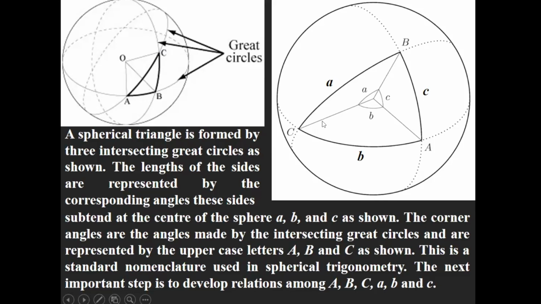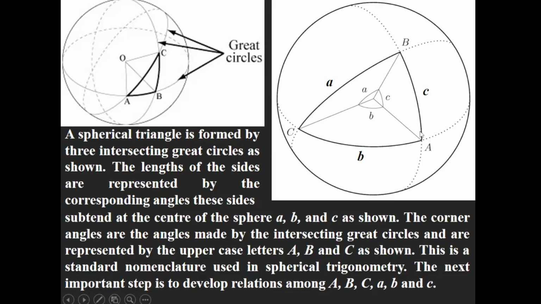The nomenclature is that this is AB, and this is CA. So CA length is nothing but the angle it subtends at the center and is represented by a small letter b, because it is opposite this point.